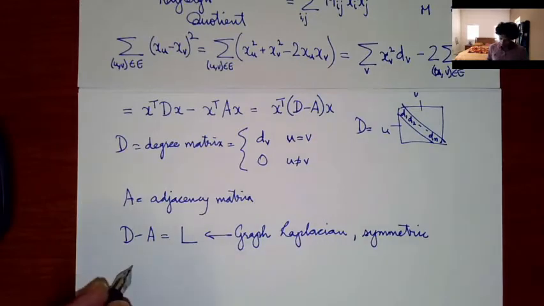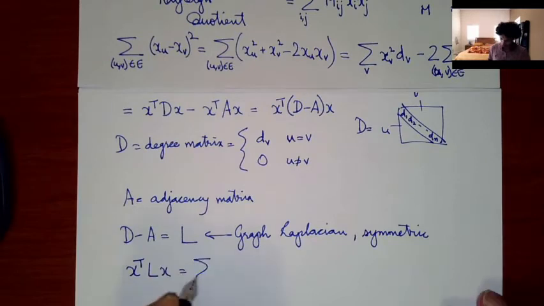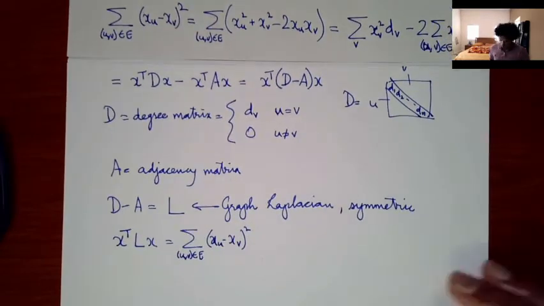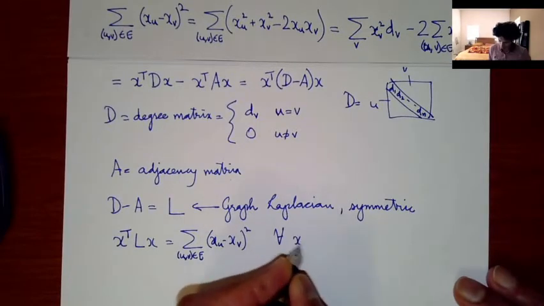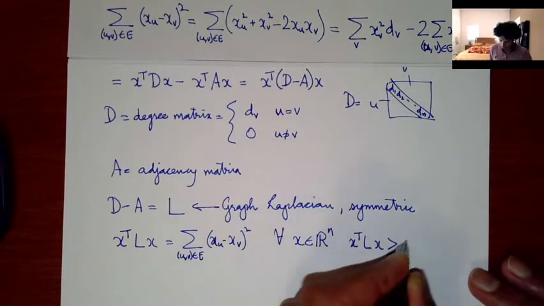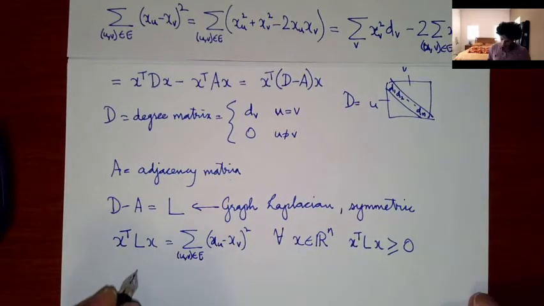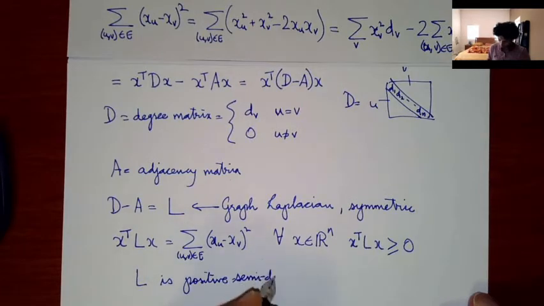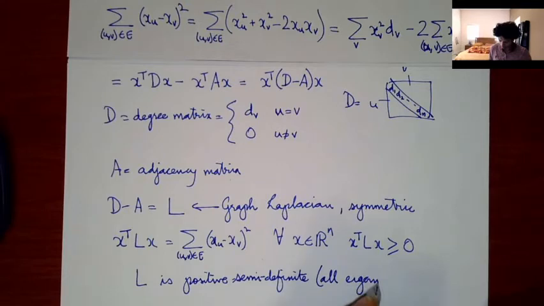So the numerator we can write as x transpose Lx, which is equal to the sum of (x_u minus x_v) squared. There is something else to be noted here: for all x in R^n, x transpose Lx is greater than or equal to 0. So L is also called positive semi-definite, and this is equivalent to saying that all eigenvalues are non-negative.